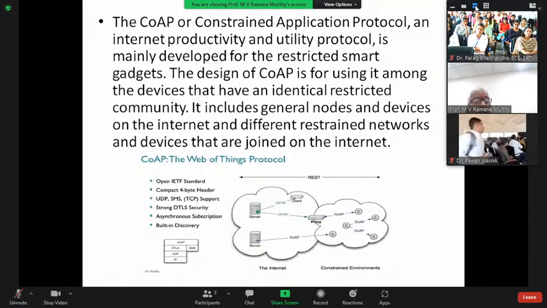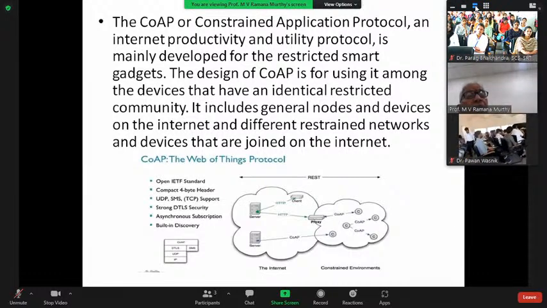I told you, the design of this is only for use among devices that have an identical restricted community. It's not provided for everybody. It's only meant for a restricted community, so you need to strictly adhere to the constraints. That's what is called constraints. Okay, right.